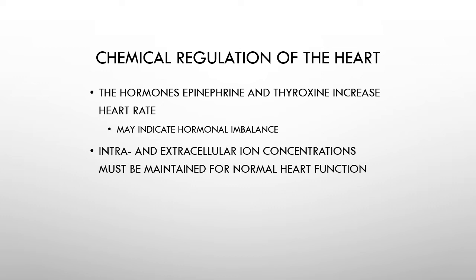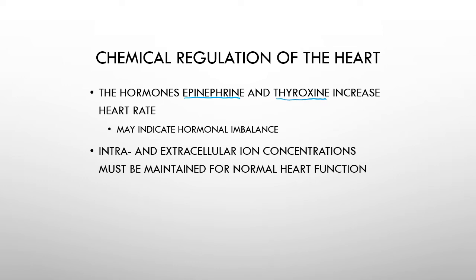The heart can also be controlled on a hormonal level. And so we talked a little bit about this when we talked about the endocrine system itself. And so we talked about epinephrine and also our thyroid hormone, so our thyroxine that is there, both of which increase heart rate.